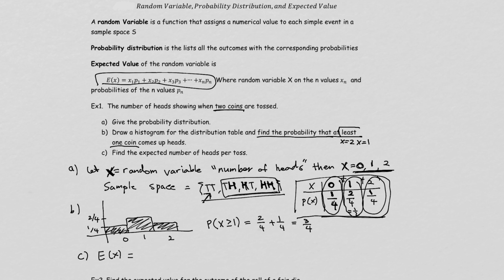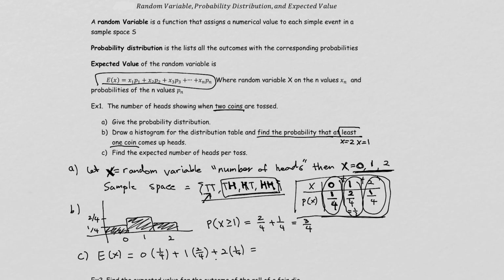Here, you only have 3 cases: having a 0, whose probability is 1/4, plus having a 1, whose probability is 2/4, plus getting a 2, multiplied by its probability, which is 1/4.